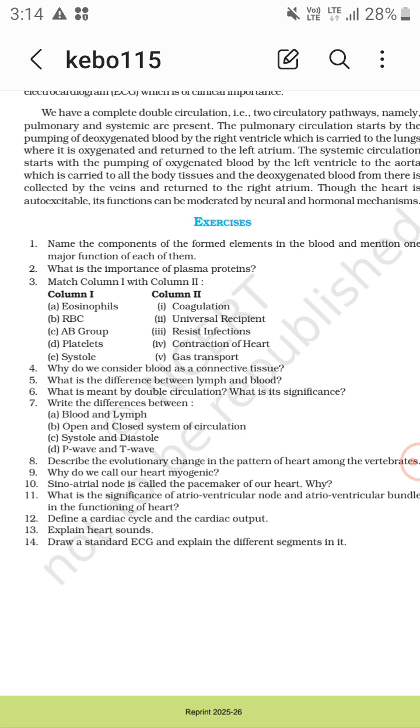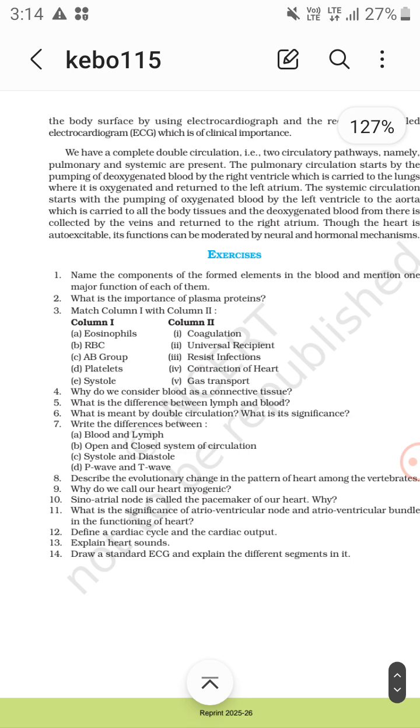Lymph contains tissue fluid that has less content of proteins and formed elements, while blood has formed elements and plasma, and the proteins fibrinogens, albumins, and globulins are all present.